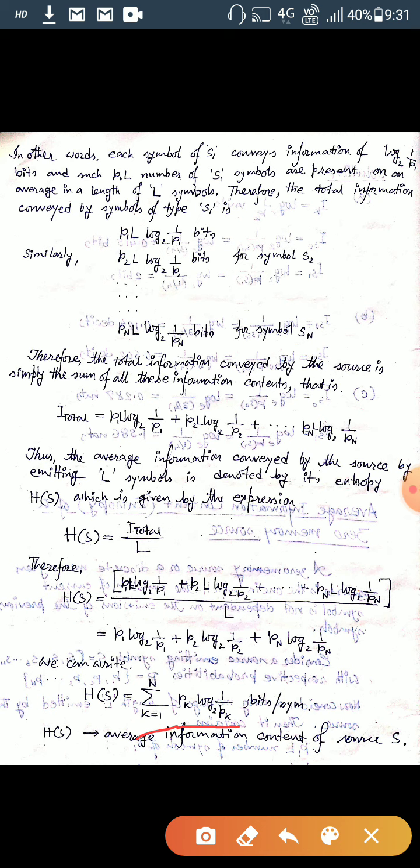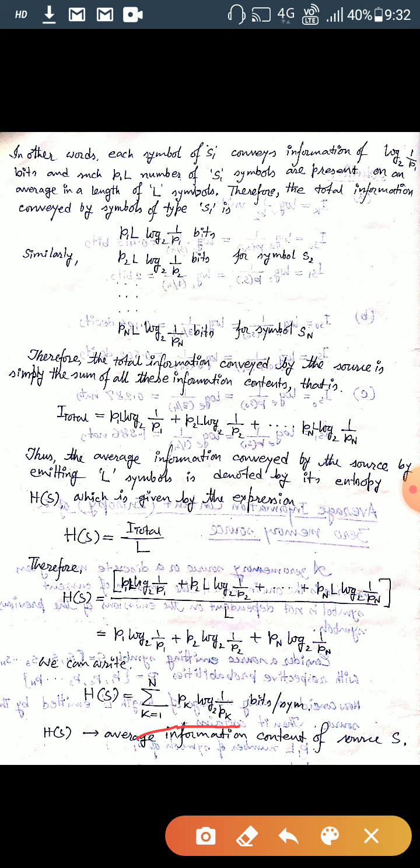So I think everyone can understand the average information, or entropy, of the source. And obviously in this case you have to remember that this is a discrete memoryless source, where no memory unit is present.